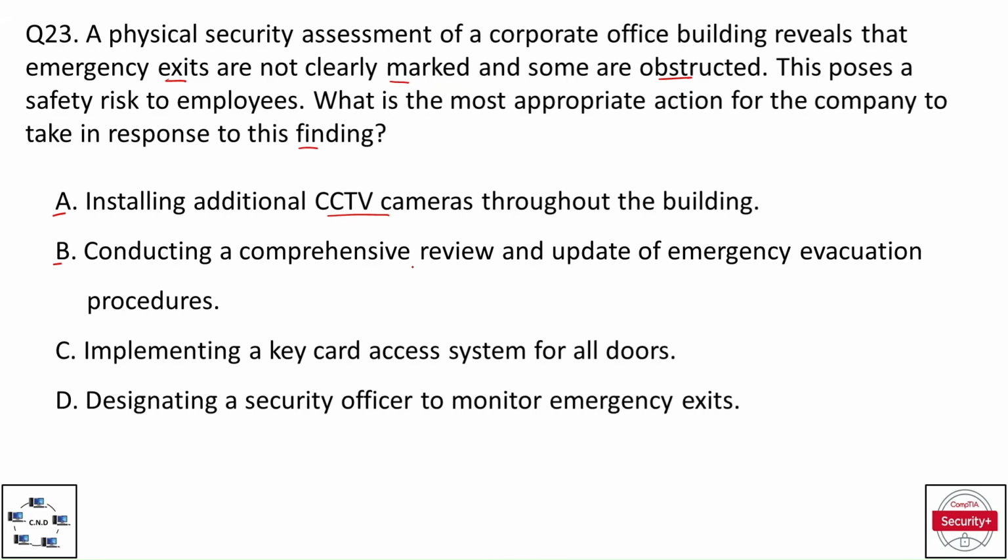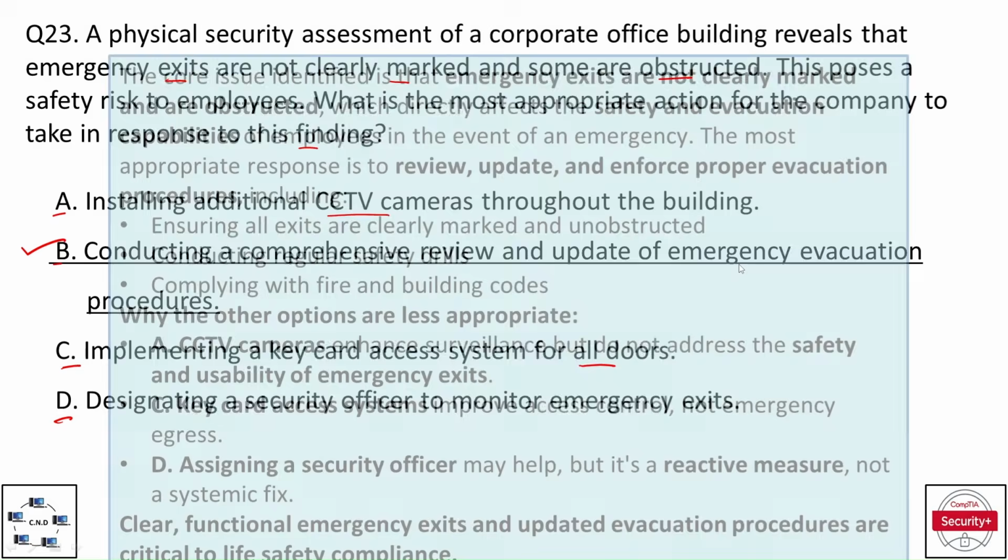Option B, conducting a comprehensive review and update of emergency evacuation procedures. Option C, implementing a key card access system for all doors. And option D, designating a security officer to monitor emergency exits. And the correct option is option B, conducting a comprehensive review and update of emergency evacuation procedures.